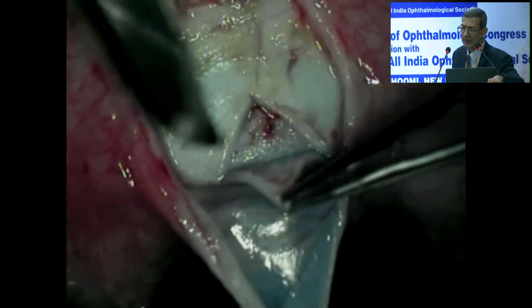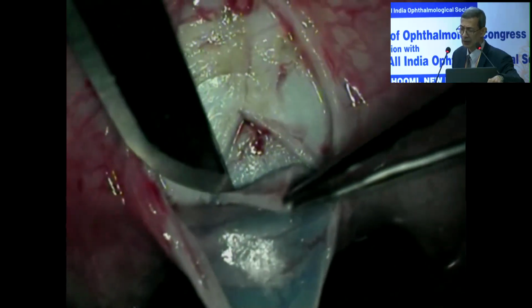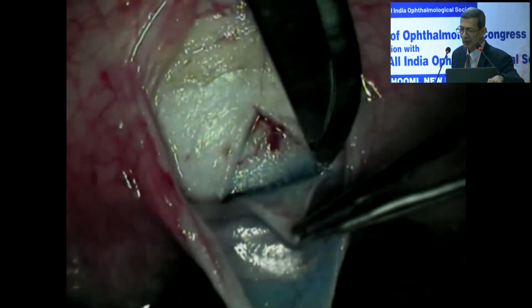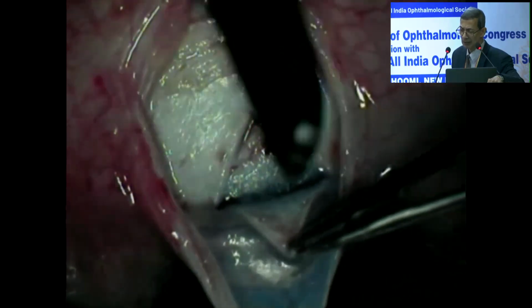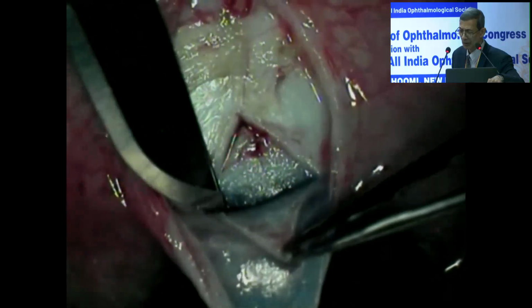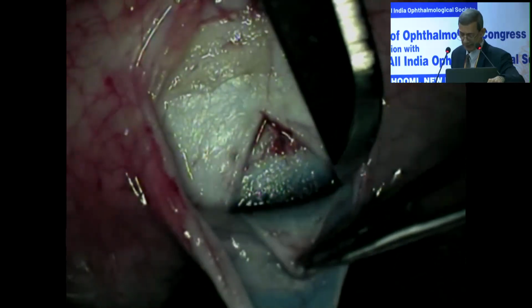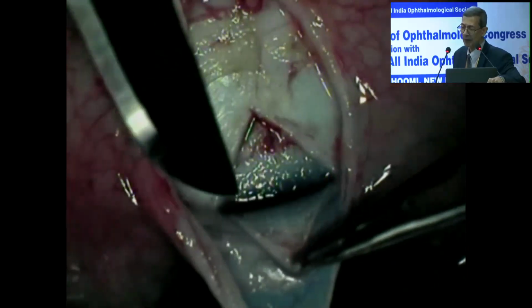The dissection is carried out anteriorly towards the limbus, about 0.5 millimeter into the corneal lamellae. Now, the anatomy of the limbal region should be carefully identified.